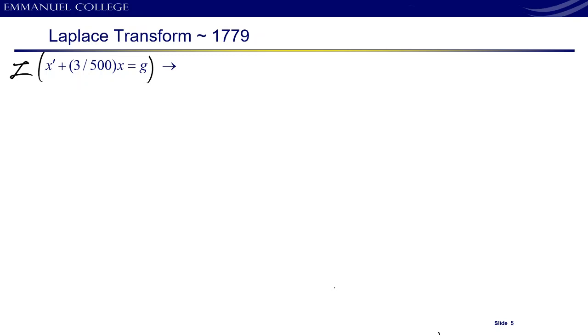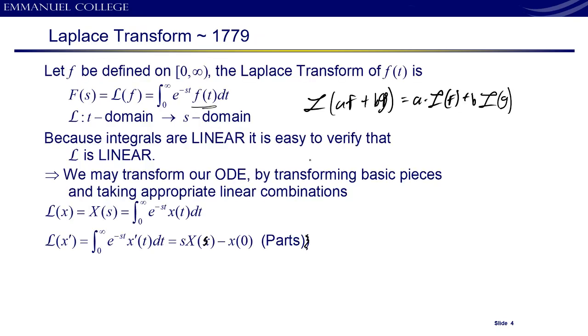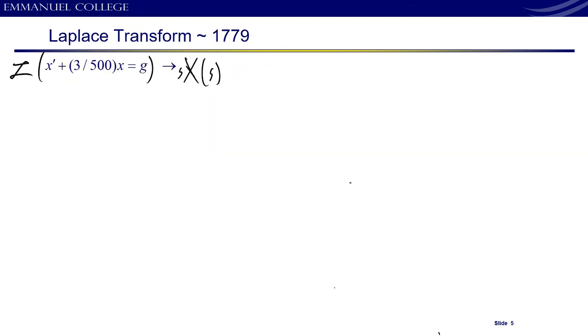I'm going to get s times x of s, because it's the derivative, where capital X is the Laplace transform of lowercase x, minus lowercase x of 0, which was our original.